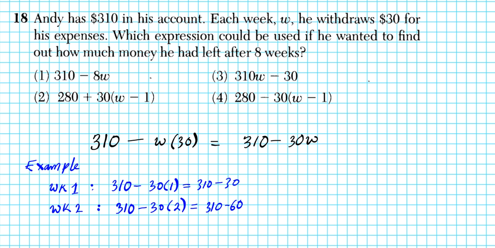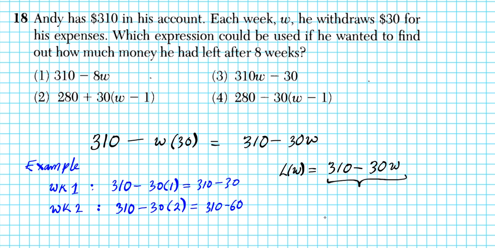Minus 60. So we have the formula to determine how much he has left in his account. Let's call it L of W is equal to 310 minus 30W. This is the expression part of the function that can be used to determine how much money he has left in his account.